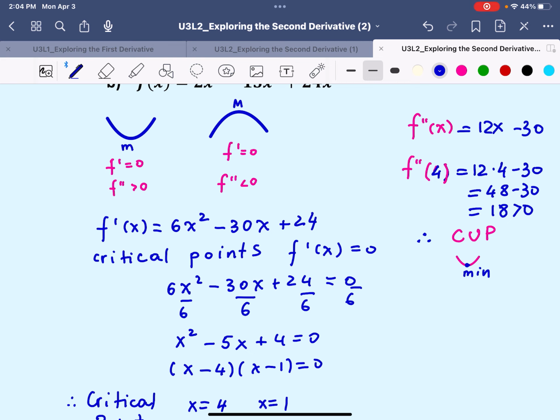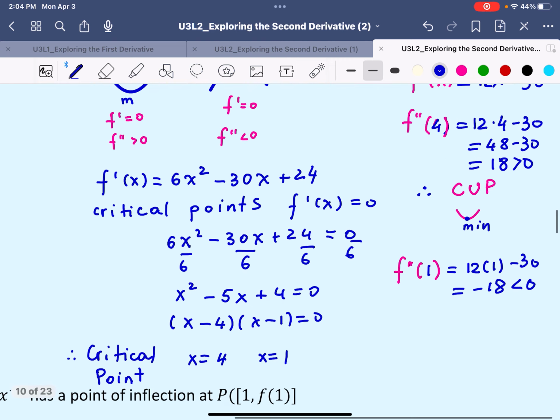Now, in a similar way, we check the second critical point, so x equals 1. The second derivative here will be 12 times 1 minus 30, so 12 minus 30 equals negative 18. So that's negative.